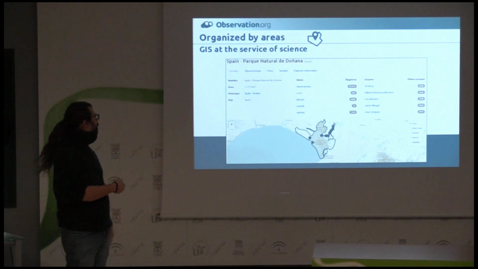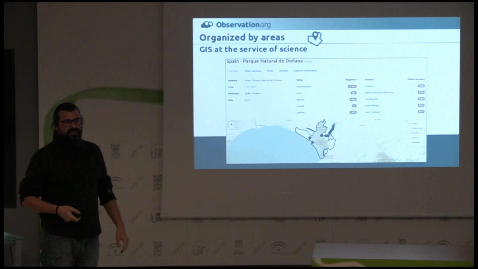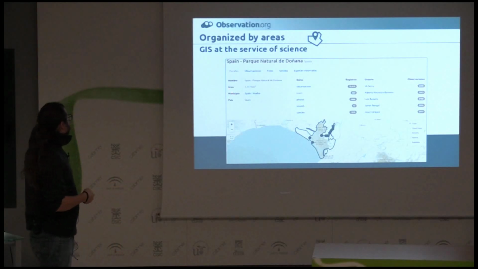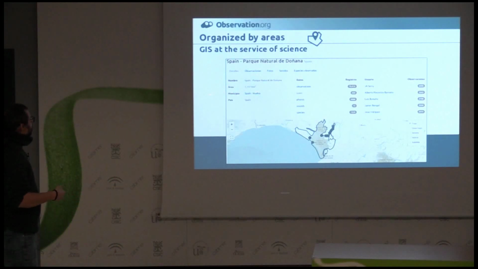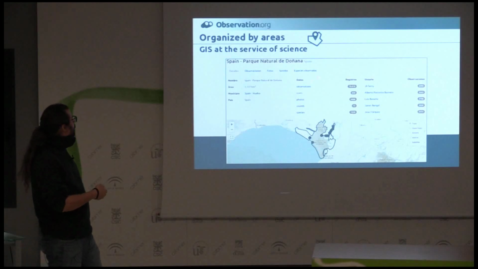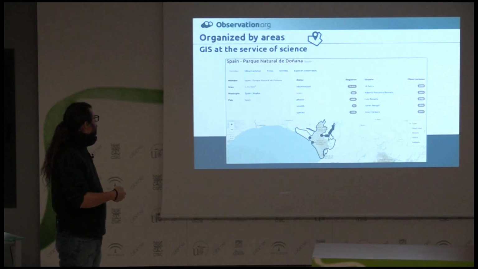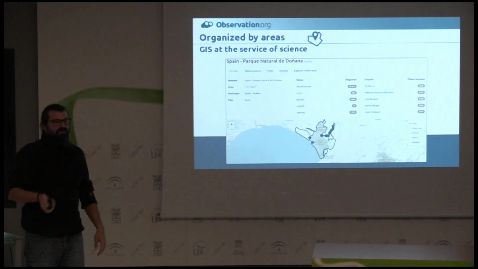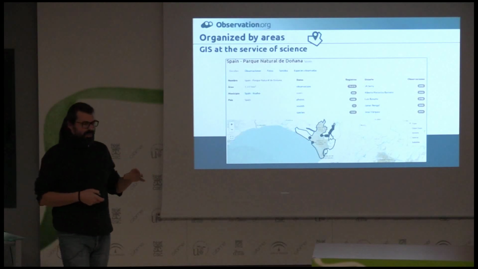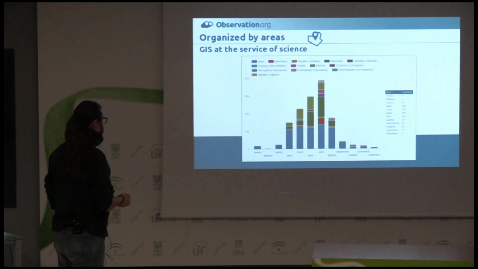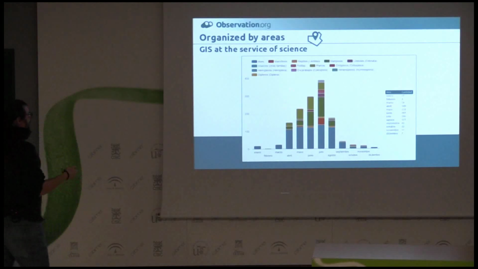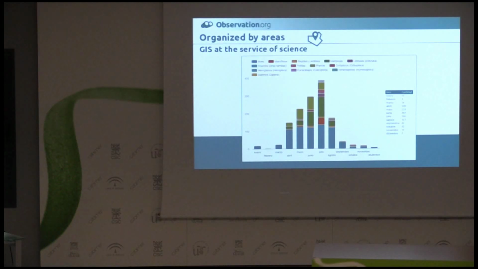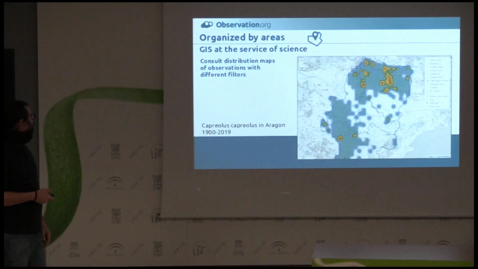This is what you see when you enter the page of an area. You see the surface, the measurements, and some lists of the number of observations, pictures, sounds, species recorded, the users, the ranking of users. So there is something that you can quickly see if you are interested. This is the number of species per month, grouped by species group.